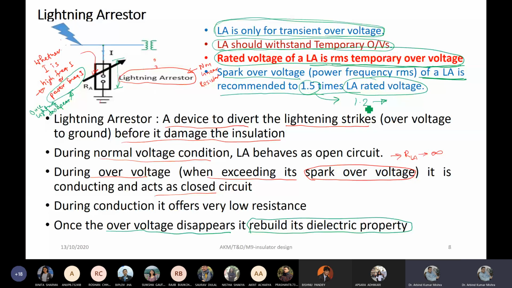But the disadvantage is, if we choose this ratio lower, then in some cases the lightning arrestor may conduct for the temporary over voltage itself. So, with all safety margin and economy, many utilities prefer a spark over voltage of around 1.5. But this does not mean that 1.4 is not taken. Some utilities also take it as 1.4 or something like that.